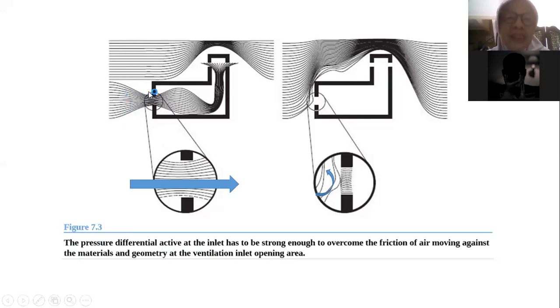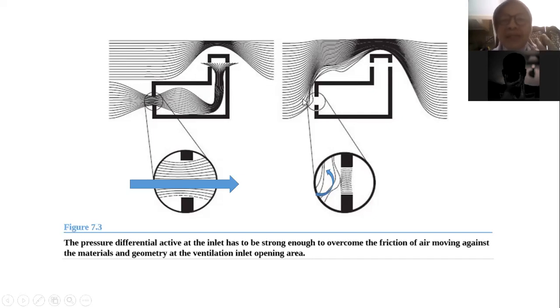If the temperature difference between outside and inside is large, then the airflow rises up.